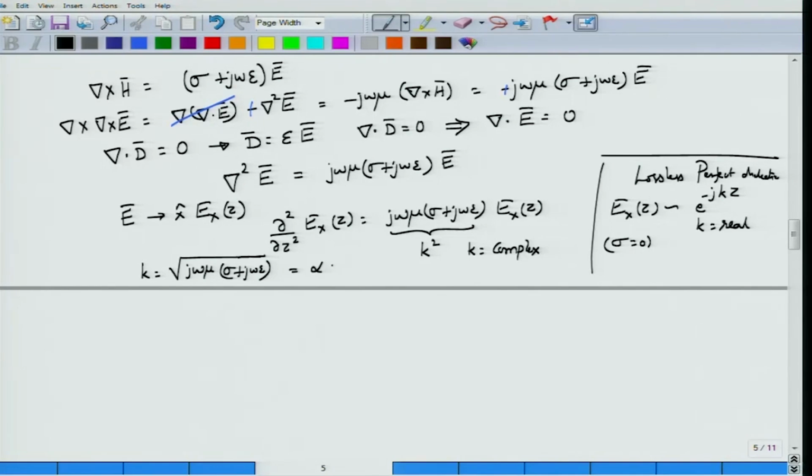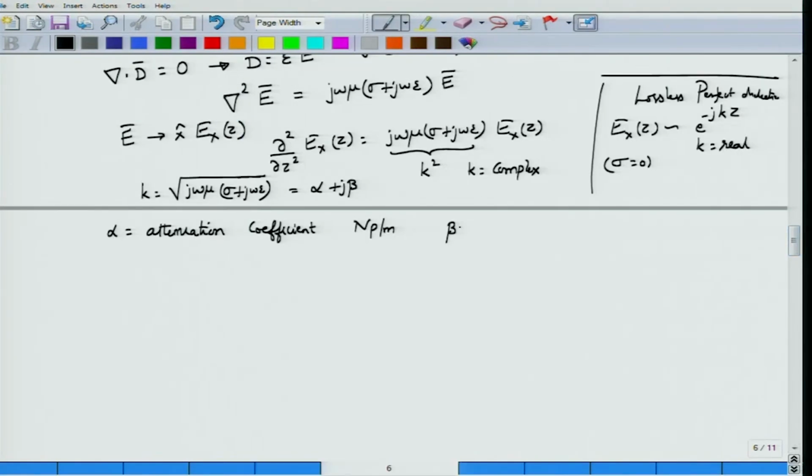This complex number is usually split and written as alpha plus j beta, where we call alpha the attenuation constant or attenuation coefficient, okay, and this is usually measured in Nepers per meter. We call this beta the phase constant, and this is usually measured in radians per meter.